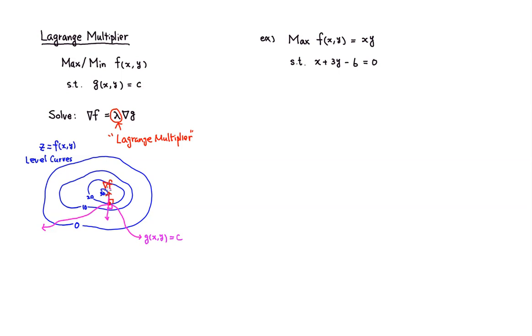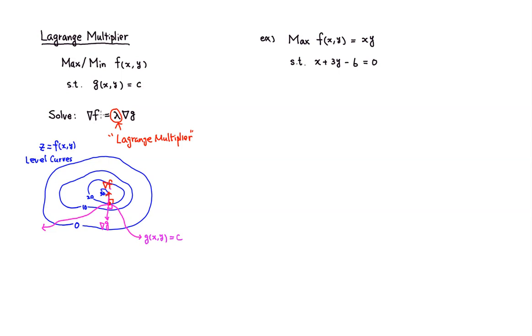All we know is that the gradient of f is parallel to the gradient of g if it achieves the highest point. That's what this equation is trying to say.